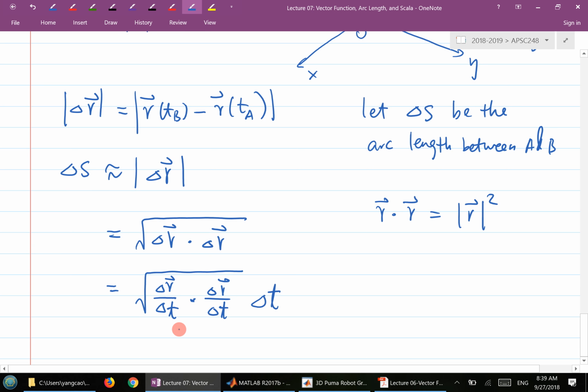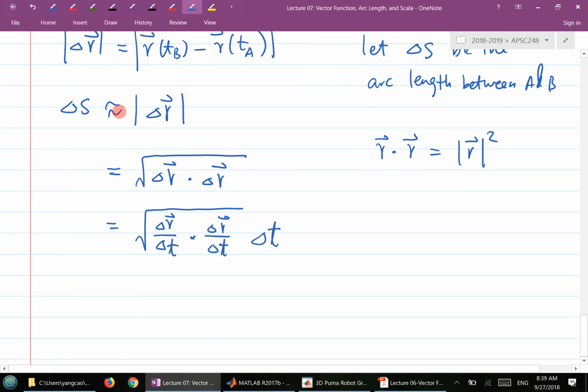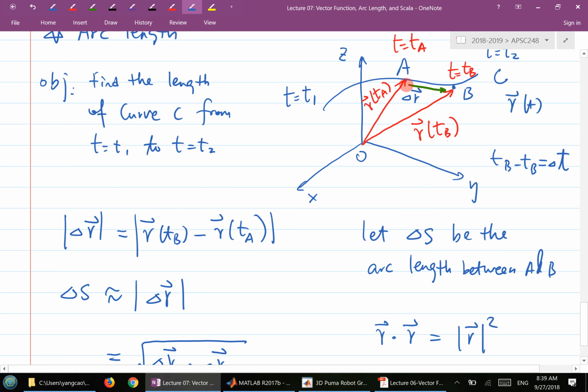So back to the approximation here. We said it's an approximation. Why? Because AB here is actually a straight line, but we're talking about a curve. However, we know that if TB is infinitesimally close to TA, then this delta S and delta R will not be approximations anymore. They will actually become the same.